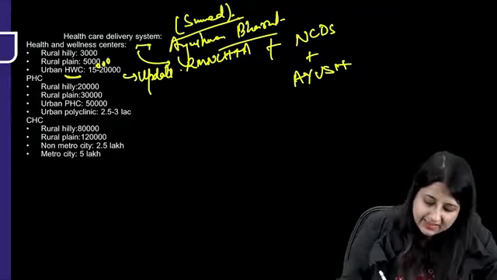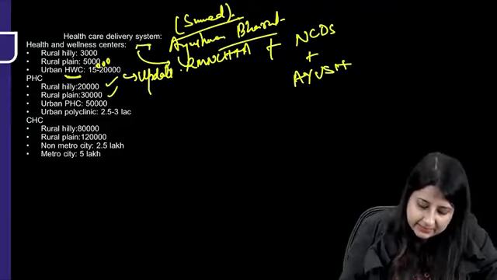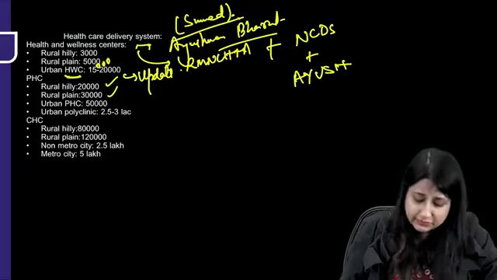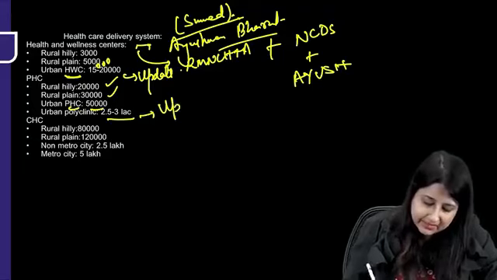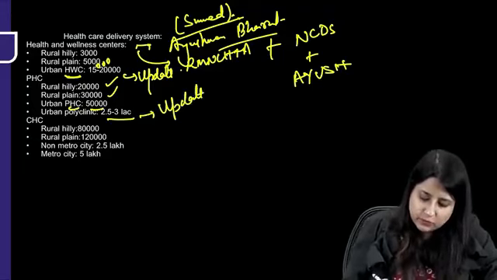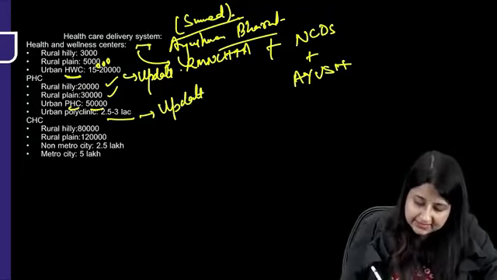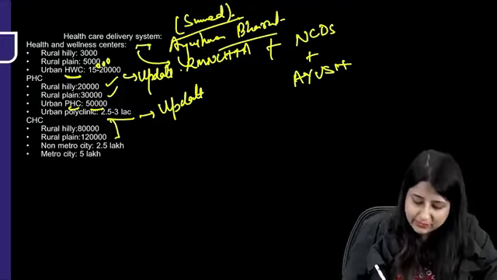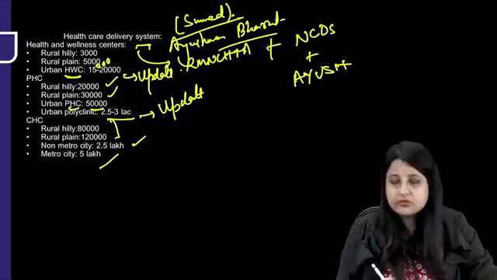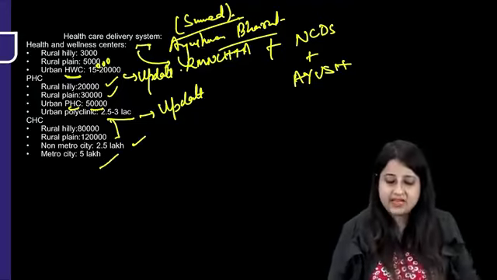PHC 20,000 in hilly areas, 30,000 in plain areas, urban PHC 50,000. Polyclinic, this is an update. Urban polyclinic is 2.5 to 3 lakh population. CHC we already know, in rural plain areas 1 CHC per 1,20,000, hilly areas 1 per 80,000. Non-metro and metro we have already done, 2.5 and 5 lakh population.